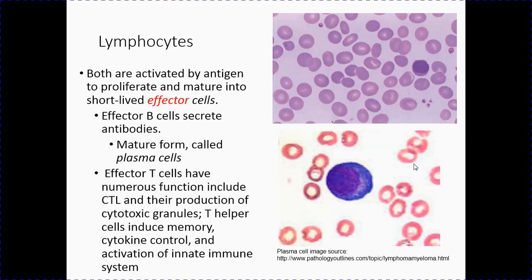Both T and B cells are activated by antigen that allows them to proliferate and mature into something we call effector cells. Effector cells are short-lived cells. The reason that they don't live a long time is that effector cells have a purpose. And if they have been activated and there's no reason for them to be there, let's say they were activated by an antigen, but the antigen has been eradicated, we don't keep those cells hanging around forever.